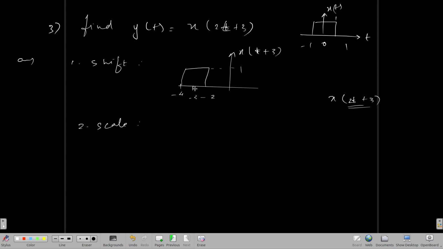The center won't change. All these time points will become half, right? So what is happening? Instead of being from minus 4 to minus 2, it will become from minus 2 to minus 1.